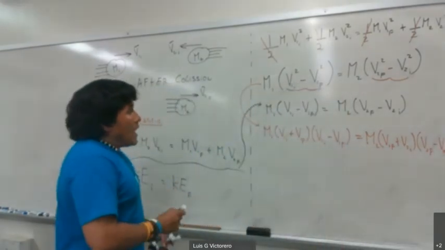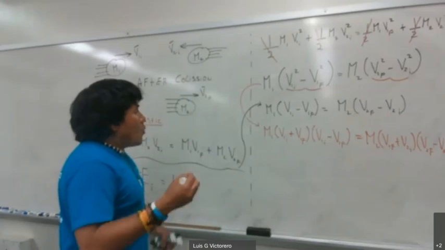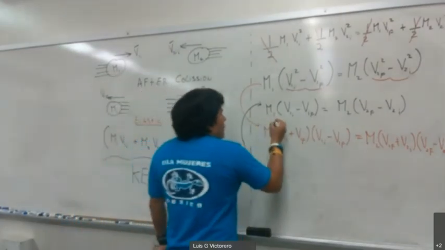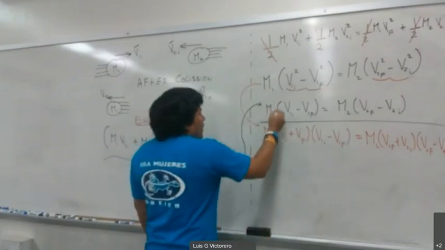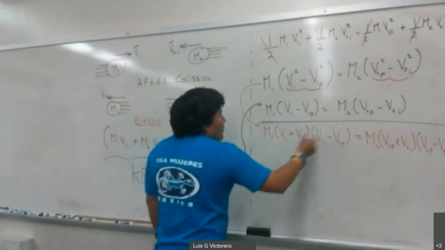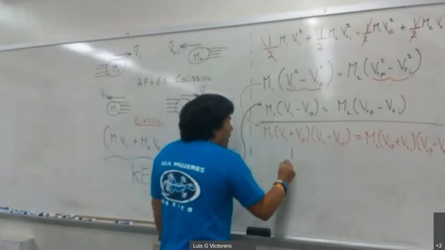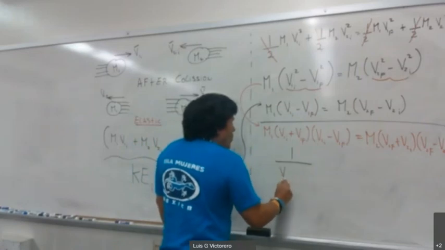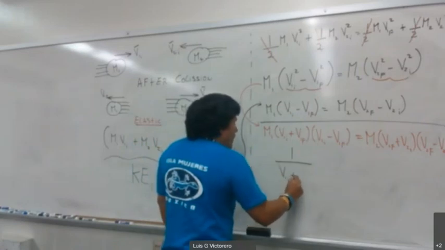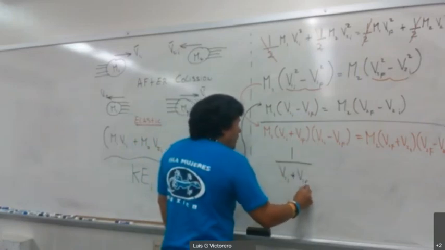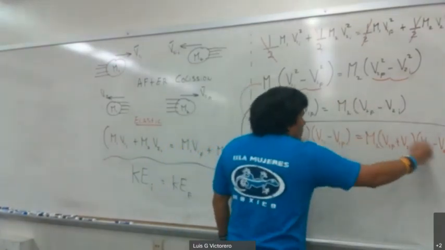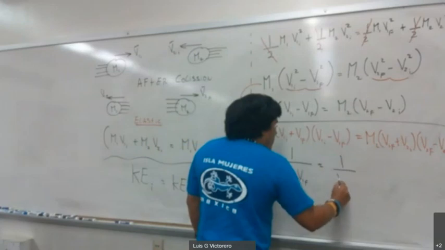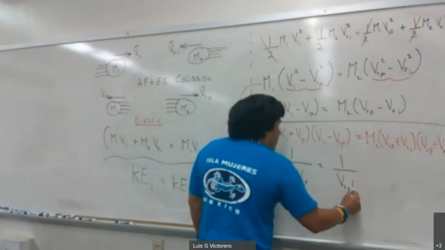And now I can divide the equations. M1 cancels, V1 minus V1 cancels, so I get 1 over V1 initial plus V1 final. And here, the 2 cancels, this with that, 1 over V2 final.